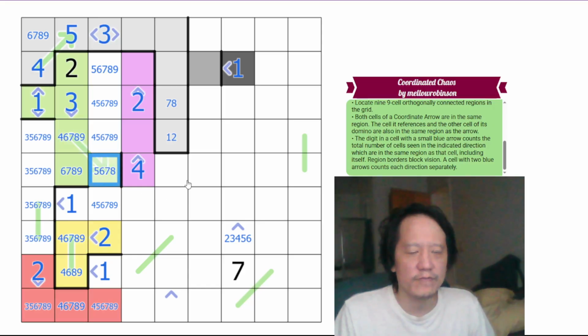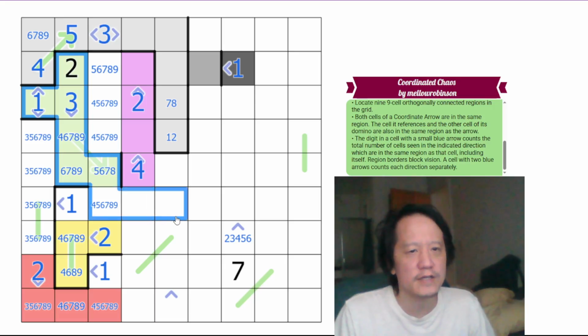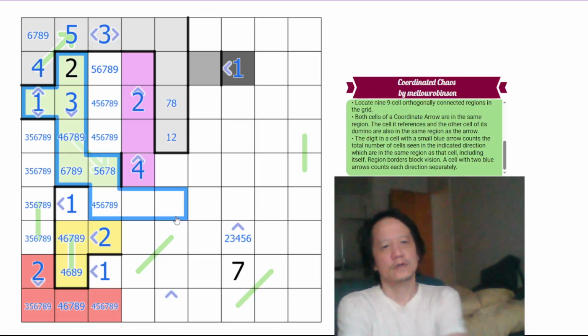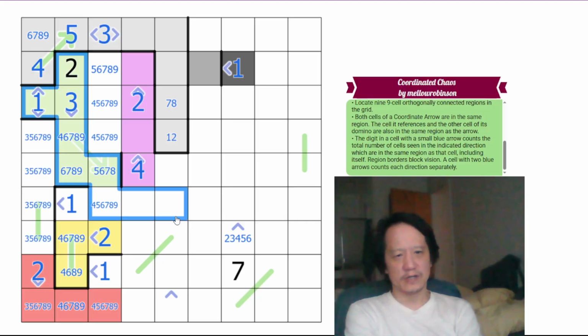We have column 5, 6, 7, or 8. We have 1, 2, 3, 4, 5, 6, 7, 8, 9. That's not possible. Maybe I'm not understanding something about the rule set here.